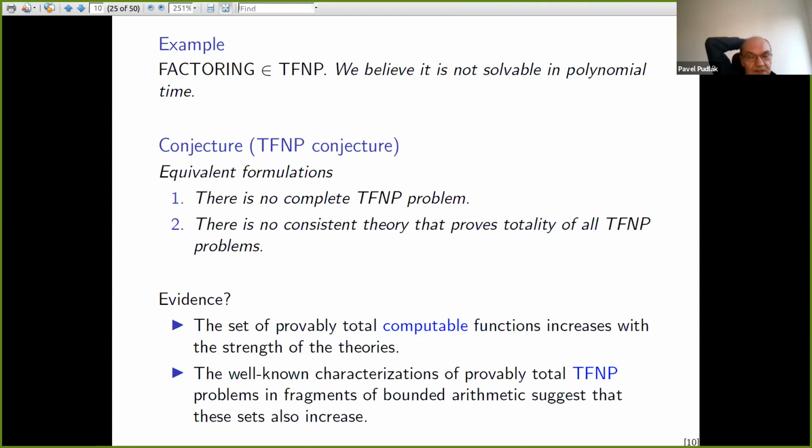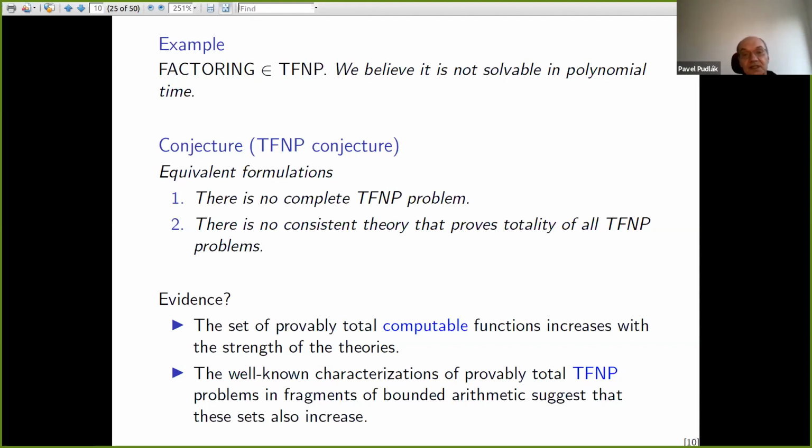These are, of course, hopeless conjectures because they imply P not equal to NP. So do we have any reasons to believe that they are true? One reason why I believe this is true is that it's very much like provably total computable functions in theories.